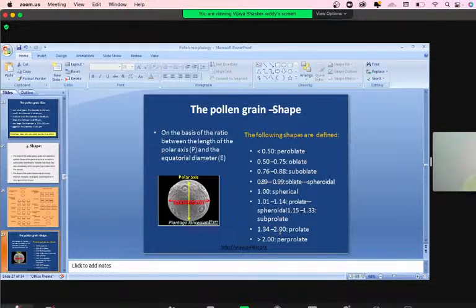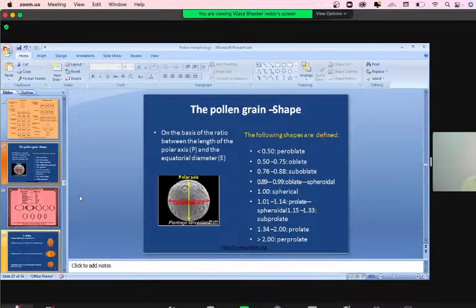Based on the variations, they are subdivided into suboblate, oblate, paraoblate, and again subprolate, prolate, and perprolate. So this is a very important formula which we use to segregate the pollen grains based on their shapes.